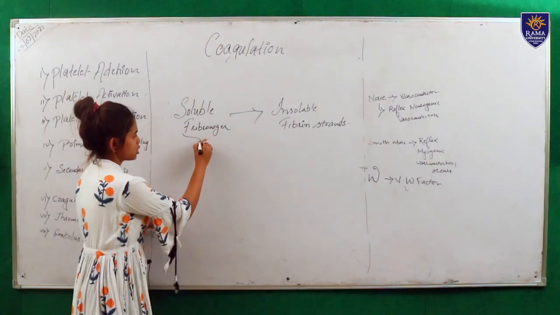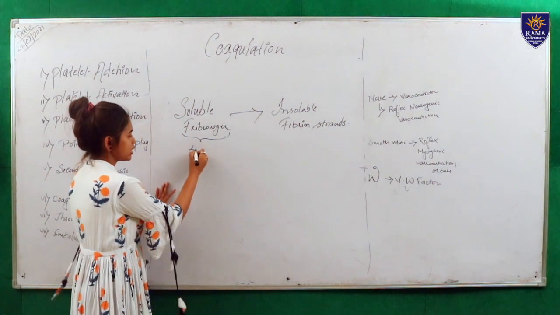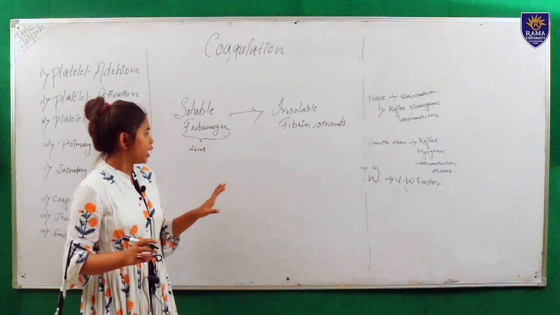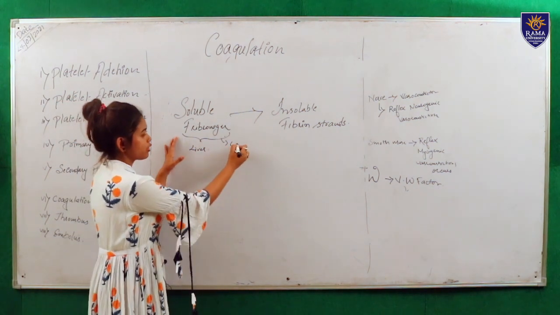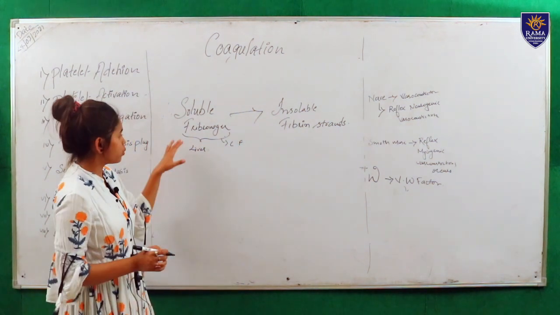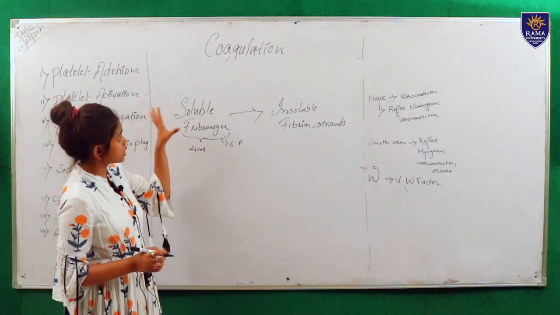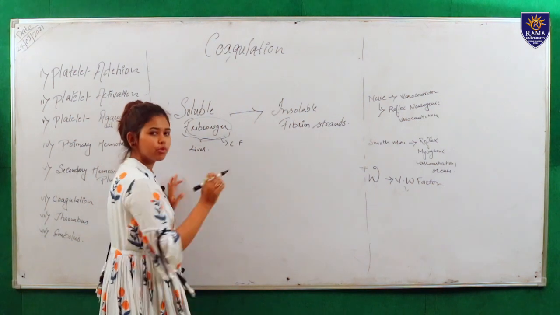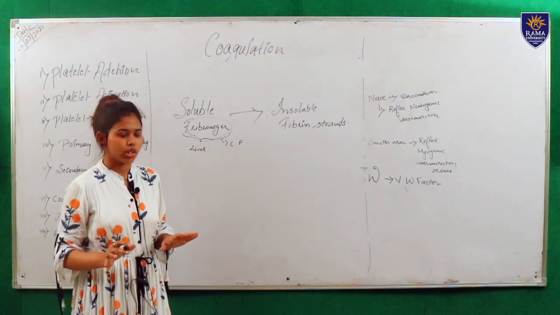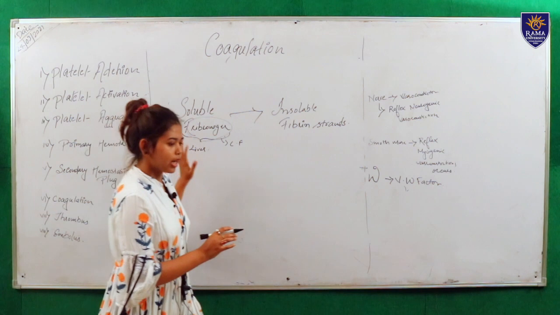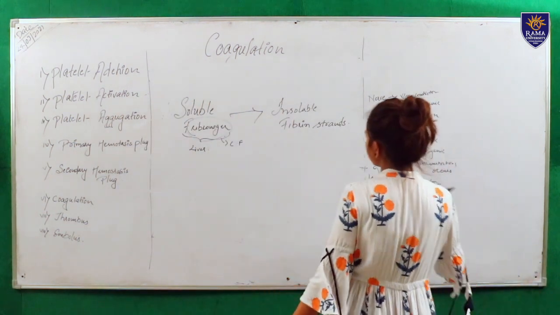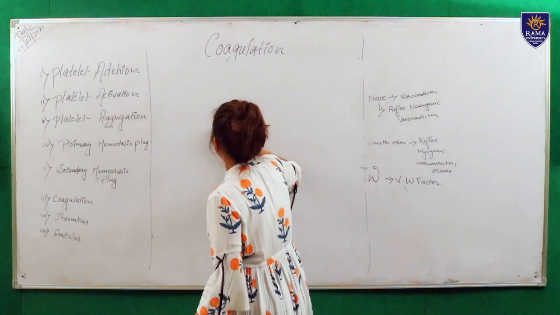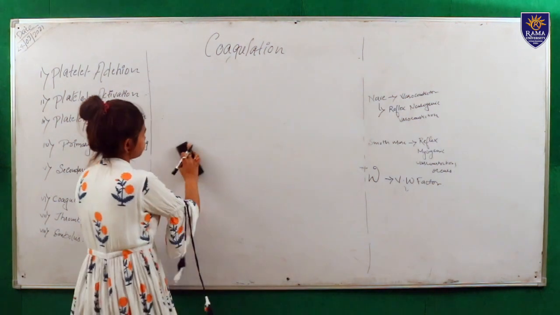This fibrinogen is produced in the liver and is present in every single drop of blood, and it is one of the clotting factors. This conversion of fibrinogen into insoluble fibrin strands is known as coagulation.